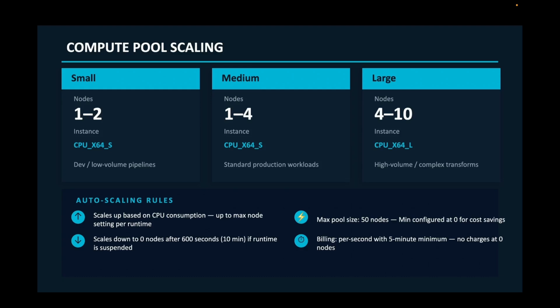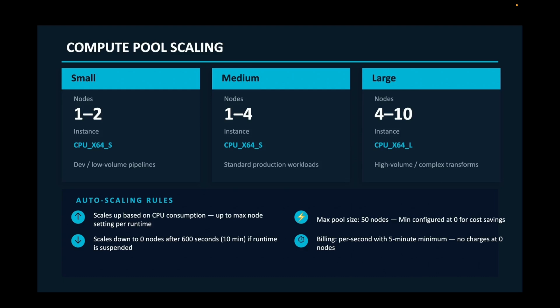So in a small pool, if you wanted to have an extra node, it's going to provision an extra node, but let's say if two pods are running within the same node, it can. But if I want three pods, it will provision another node and it can just increase the replicas.